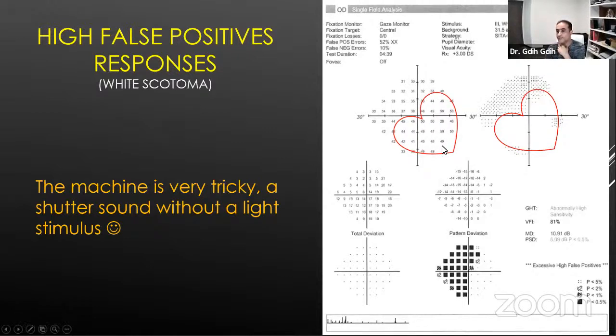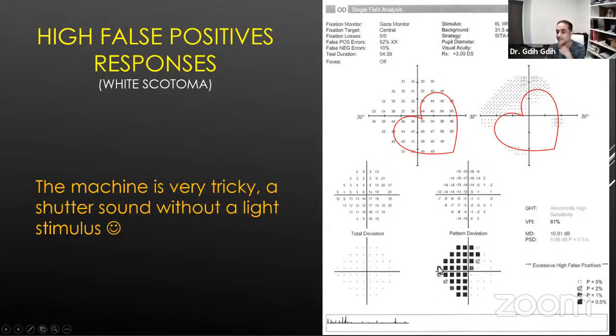And that is not true. Now, whenever you look at a printout of a visual field, you will see scotomas in 3 different areas: the total deviation, the pattern deviation, and the grayscale. But which one means what, and which is the most important to note and use for your diagnosis? We're going to learn that more in the coming slides.